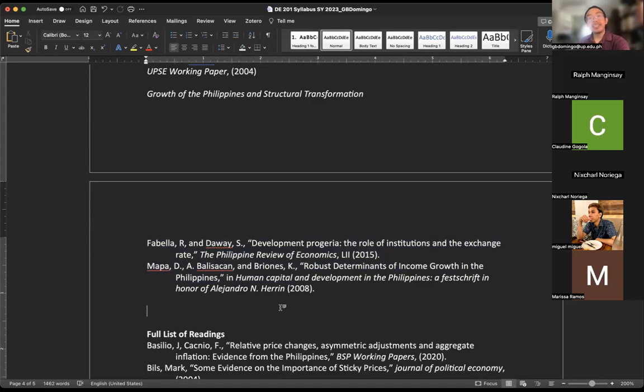I'm also interested here in structural transformation, which is the Fabella and Dawai paper. Essentially, i-contextualize rin natin to in other countries. The Philippines basically maxed out on industry years ago, and now nag-decline na yung industry share natin. And the services share of the macroeconomy is rising.